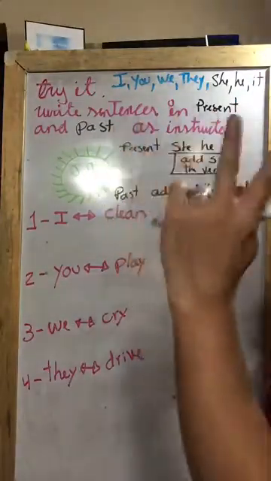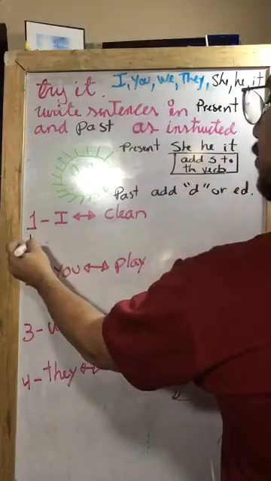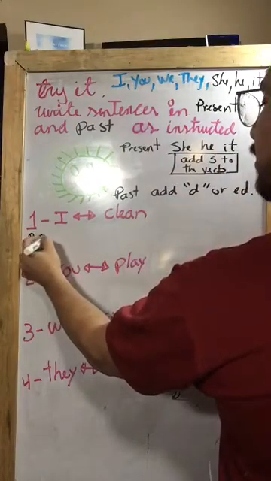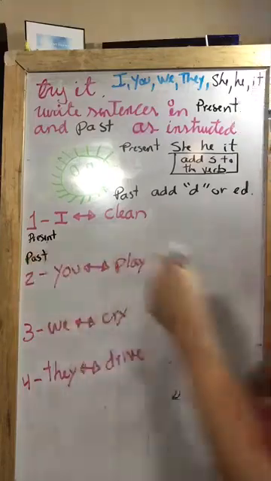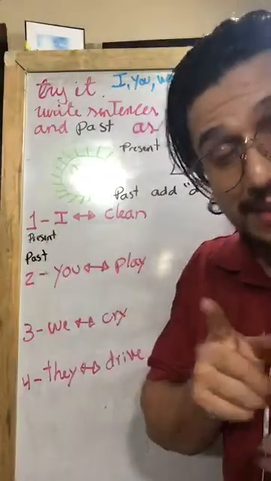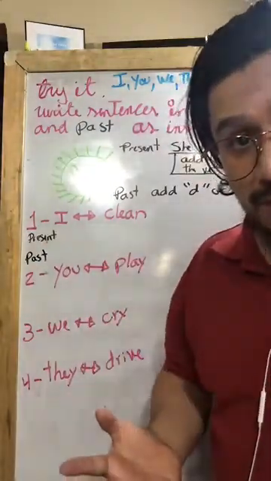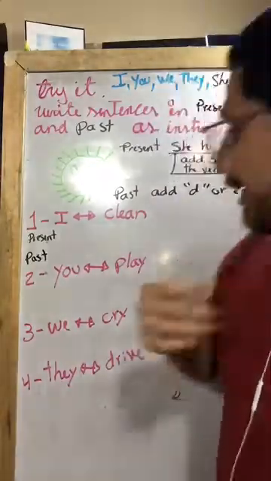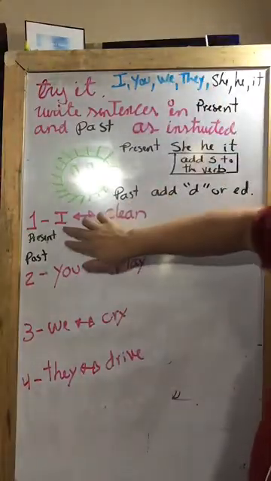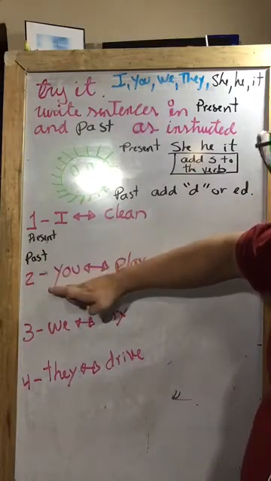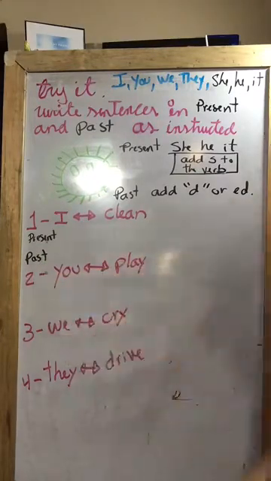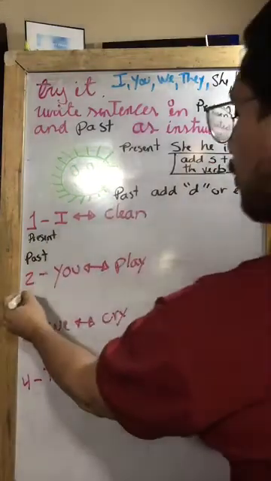Now, what would be my sentence? Remember, we're doing two sentences. First, we are going to write present in print and then past. So you are going to need a lot of space, so you need to work organized. One line, another line, space, one line, another line, space. So this is what you should do.